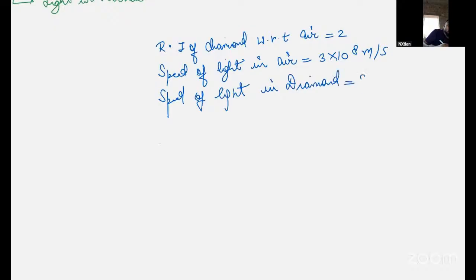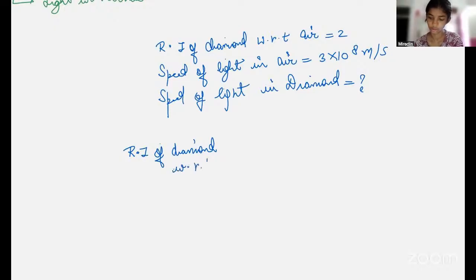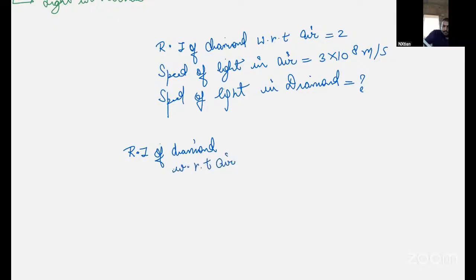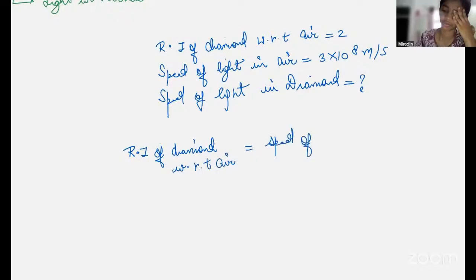Now, if I take this and write it down here, the refractive index of diamond with respect to air, so what formula can you make, beta? Speed of light.